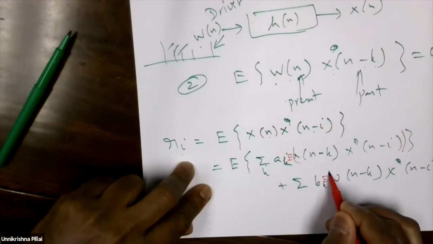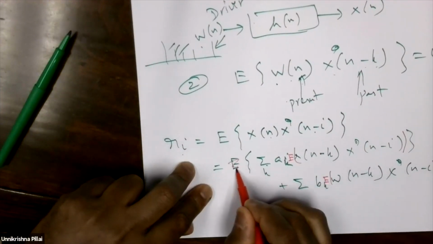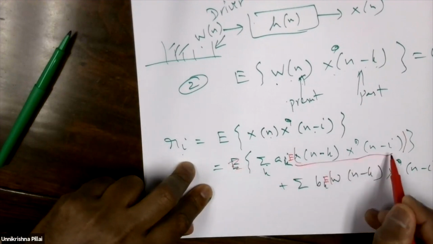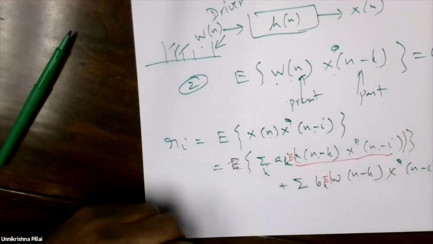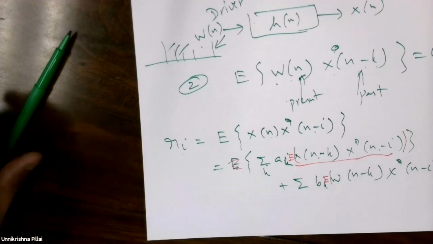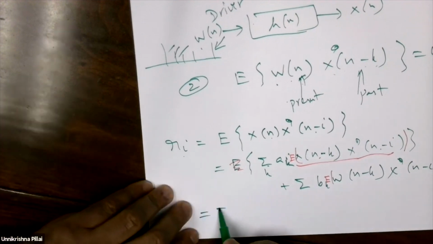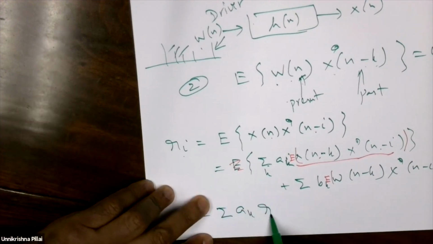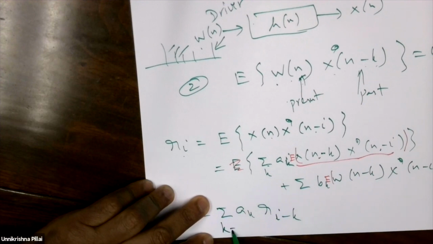And the same expected value comes and sits here. But this expected value is T1 minus T2. So let me write it as: this is going to be summation a_k (T1 minus T2), so this is i minus k. Summation is on k, k is from 1 through p, right?